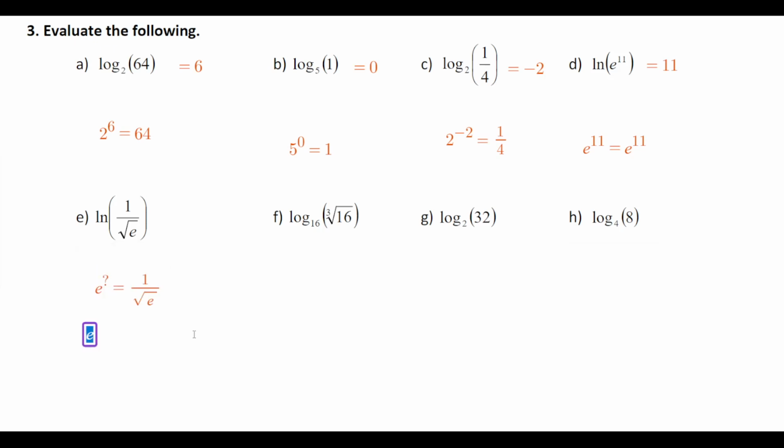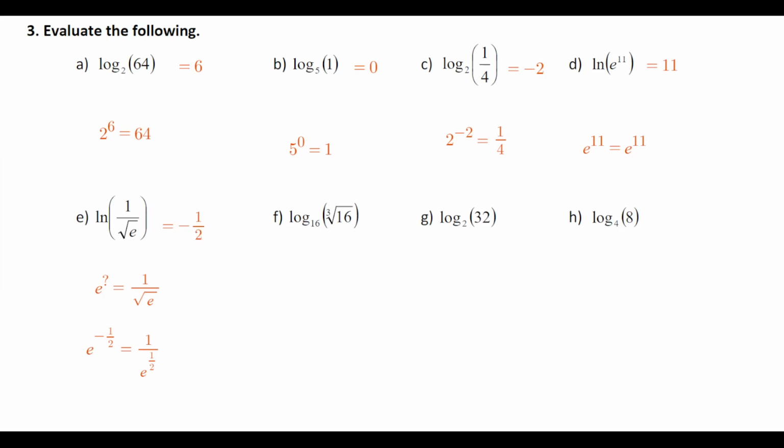Instead of writing it as the square root of e in the denominator here, I'm going to write it as e to the 1/2 power. Anytime you've got the square root of a number, that's equivalent to saying that it's raised to the 1/2 power. And so we can see then that this is going to be e to the power of negative 1/2. So this is going to be negative 1/2.